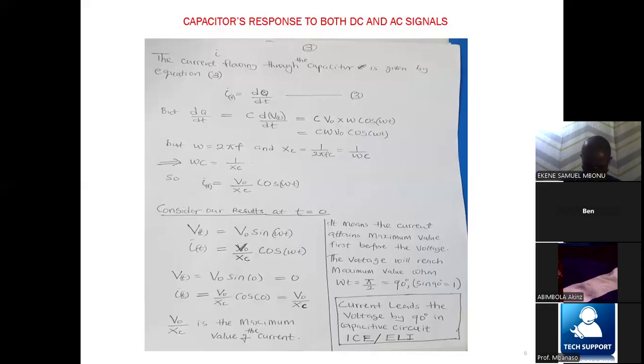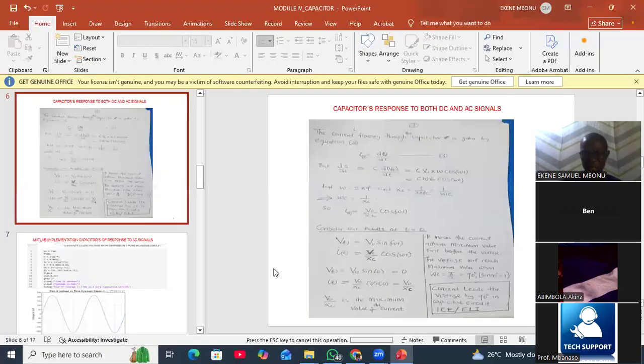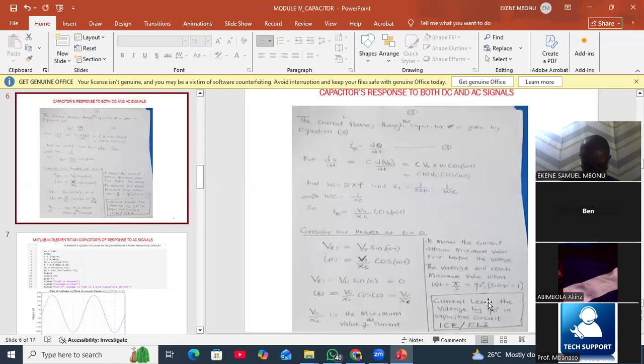It simply means that V0 over XC is at the maximum value at t equal to 0.